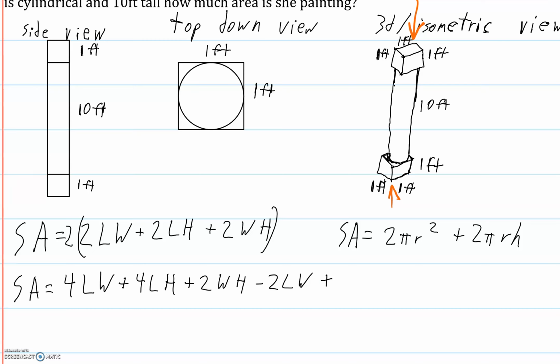We also need to add 2 pi r squared plus 2 pi r h. But now we need to do some subtracting of our circles. So let's write this in orange so we remember which one we're actually getting rid of, and in purple.